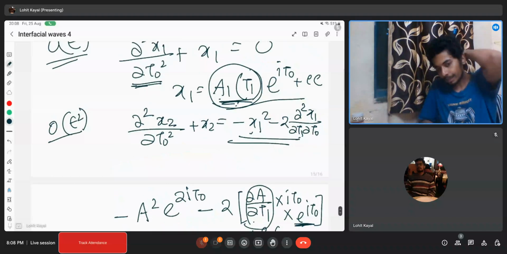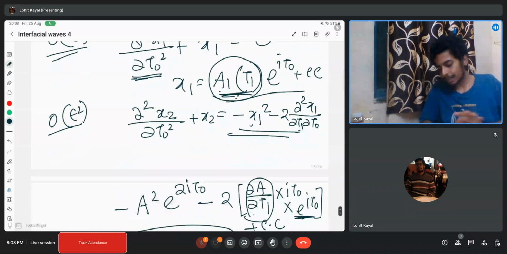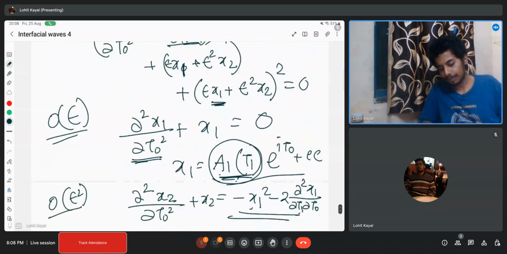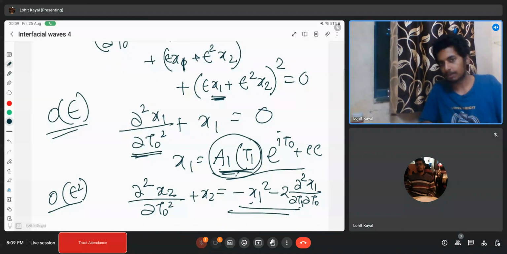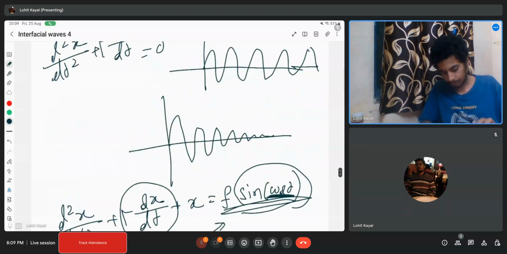So alternately it says you another thing. See that if a is just simply a constant, not any function of t1, it is essentially saying you that you can very easily apply your ordinary perturbation technique. Remember that we have solved a similar kind of problem in the beginning.